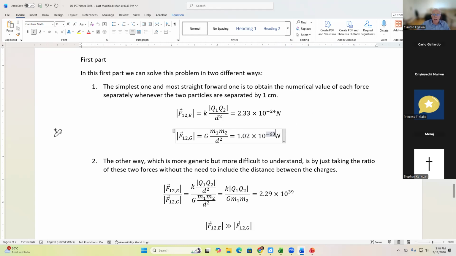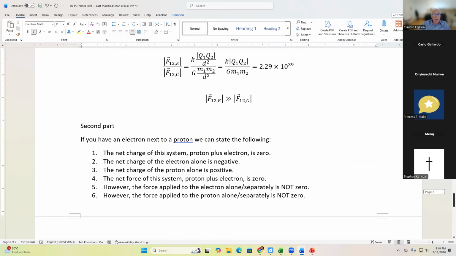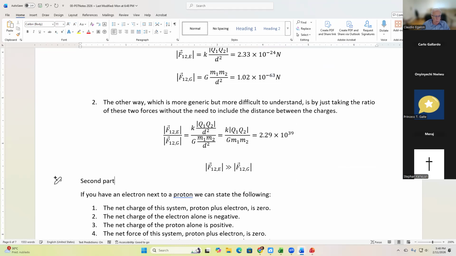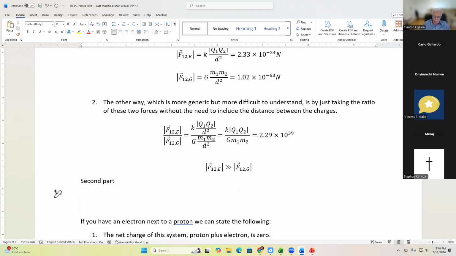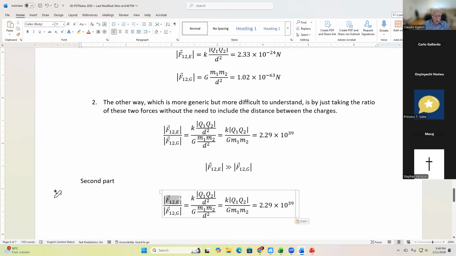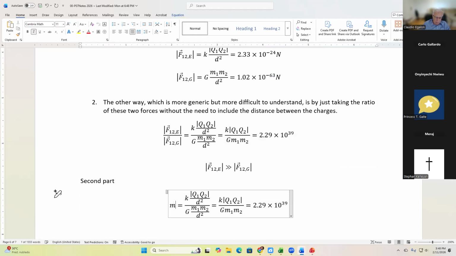Okay, and then we have to do the second part. And after doing the second part, I'm gonna put everything in a table. So here you go. The weight of the proton, mg, times g, right?